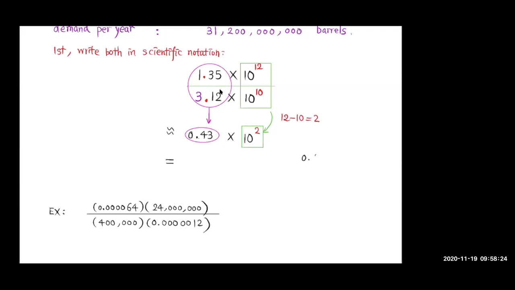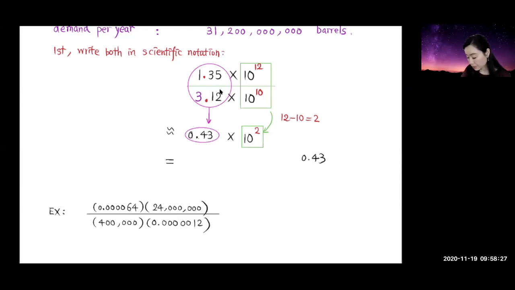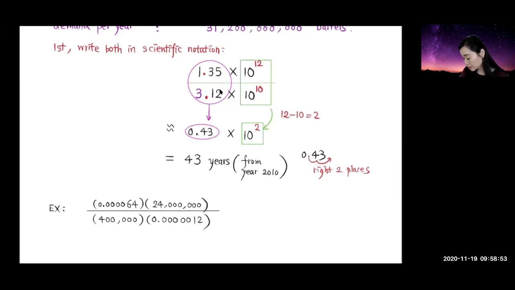You move it 2 places to the right, so you get 43. So that's equal to 43 years. This is 43 years from the year 2010. What year is that?